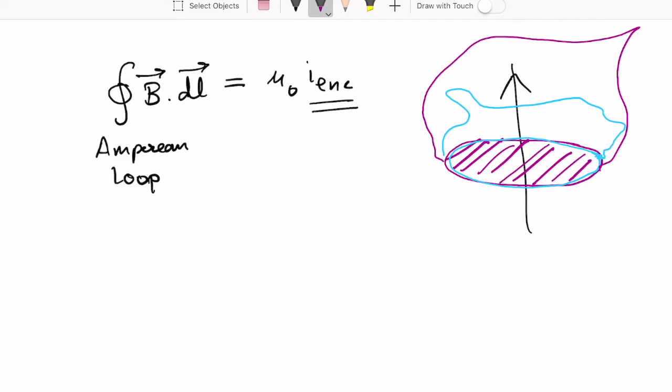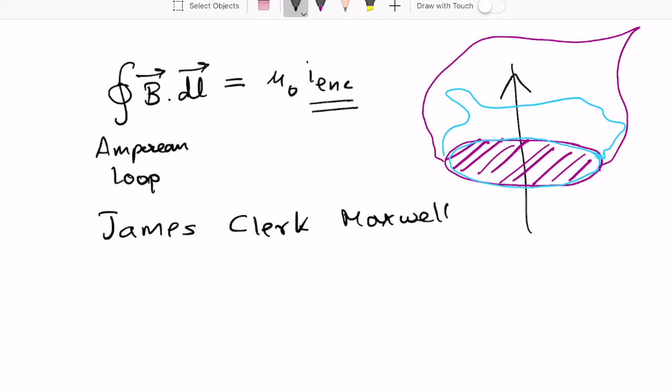Okay, all right. Now, James Clerk Maxwell, who is the greatest hero in our entire subject of electricity and magnetism, noticed something very strange about this equation that we call Ampere's law.